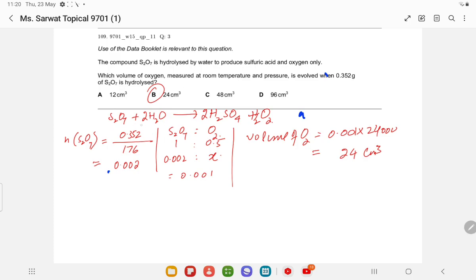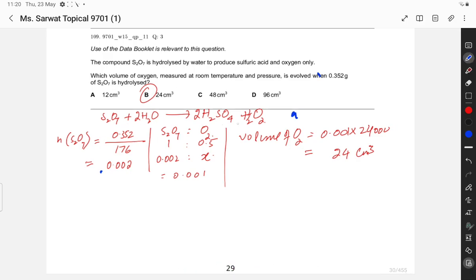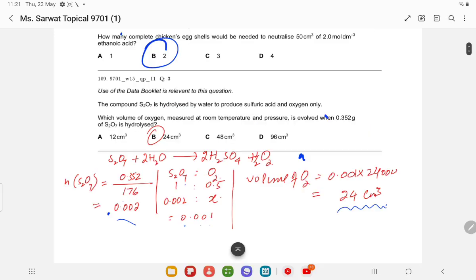S2O7 plus 2H2O forms 2H2SO4 and O2. The moles of S2O7 is 0.325 over 176, which is equal to 0.002. By using the mole ratio, we get 0.001 mole. And the volume of oxygen is 0.001 × 24,000, which is equal to 24 cm³.